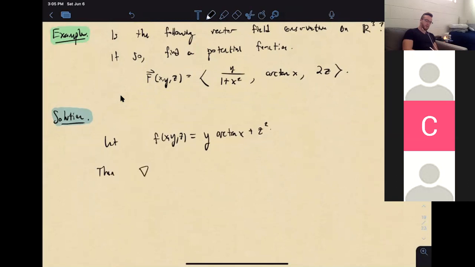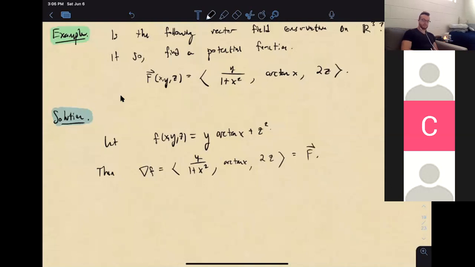Then the gradient of f is, well, the x derivative is going to be y over 1 plus x squared. The y derivative is going to be arctangent of x. And the z derivative is going to be 2z. And look at that, that's F.